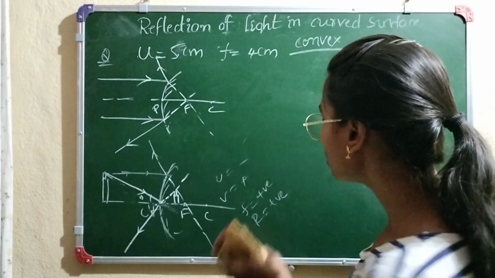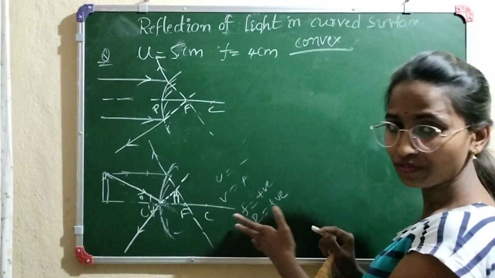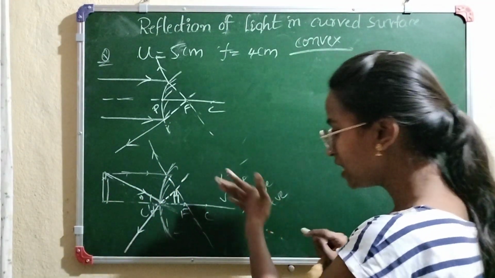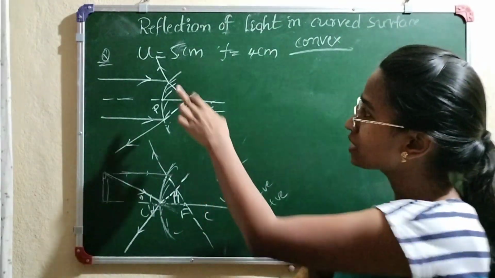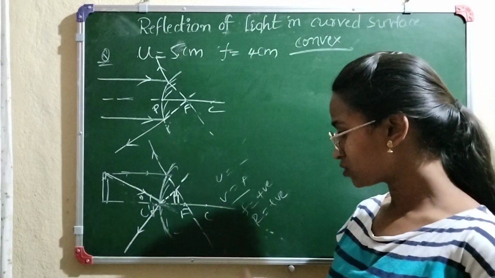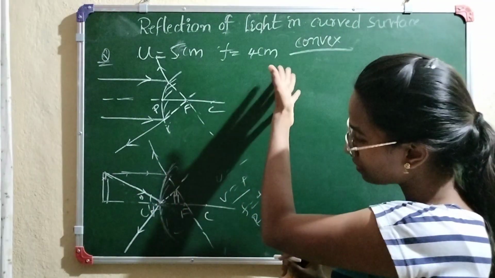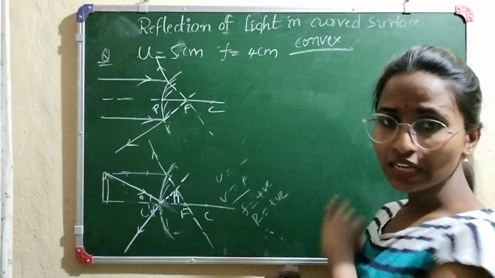You have to remember that. So let us see whether this is satisfied. By analyzing the diagram, we are getting these values: we have u, f, and by looking at the diagram v is positive. We'll see whether we get v positive or negative in the calculation.